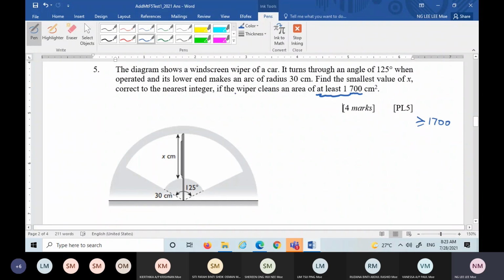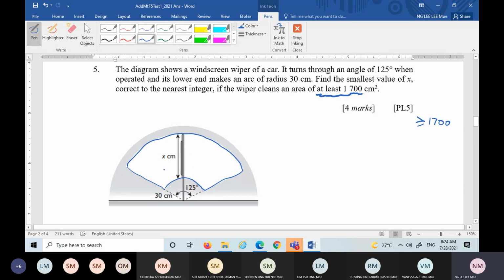Now is the problem. You have to get the wiper clean area, this area. The wiper clean area is this area.